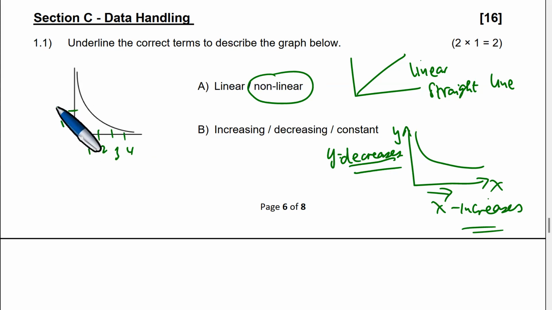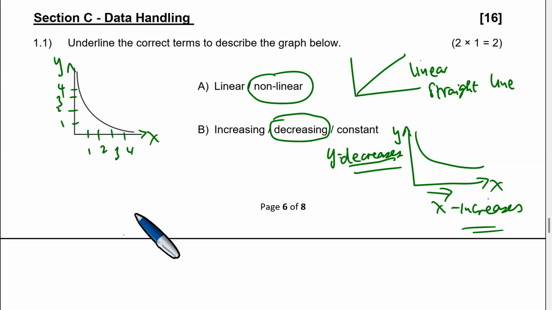Then you have 1, 2, 3, 4. So this is x and this is y. So when x increases, y decreases, and is said to be decreasing.